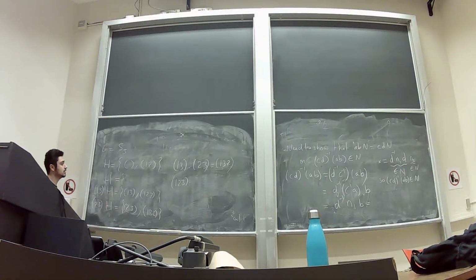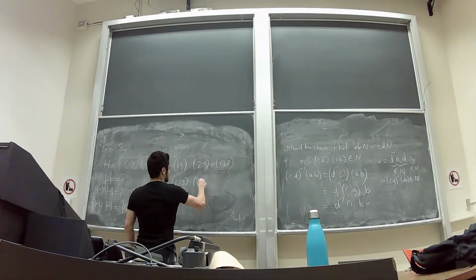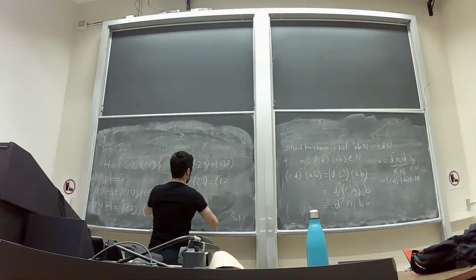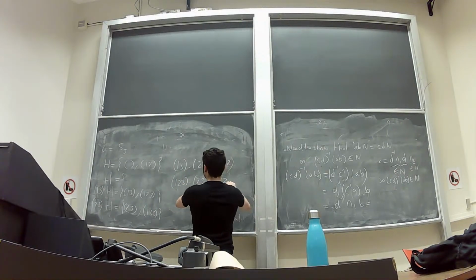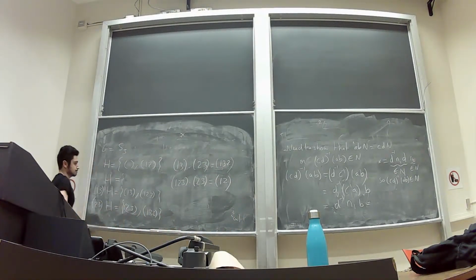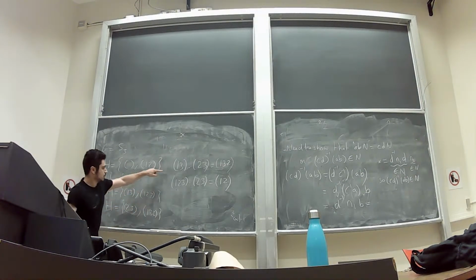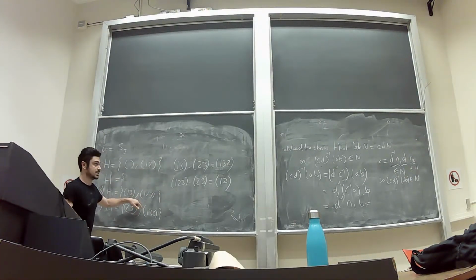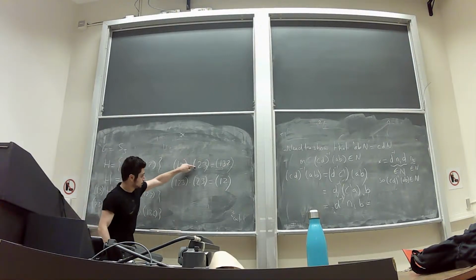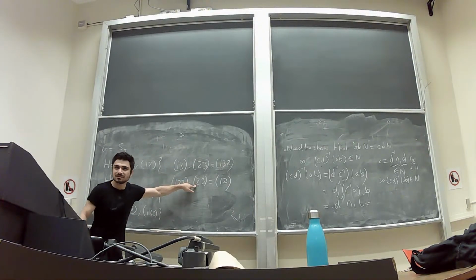Now (1 2 3) times, let's say, (2 3). What does that give you? 1 stays fixed, 1 goes to 2, 2 goes to 3, and 3 goes to 1. So these two, (1 3) and (1 2 3), belong to the same coset. (2 3) and (2 3) belong to the same coset.